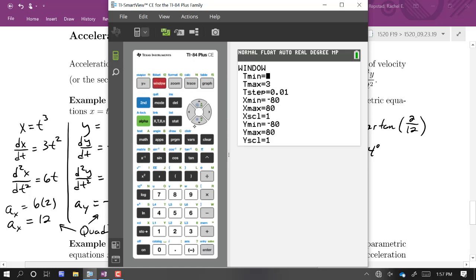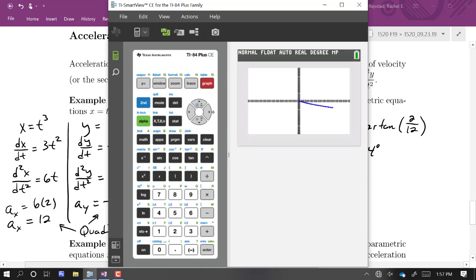So here's sort of the path that it's on. When you see the path being drawn out, it does it kind of quick, so it's sort of hard to see, but it started here and it went in this direction. That's over time, like that's actually how this object is traveling.